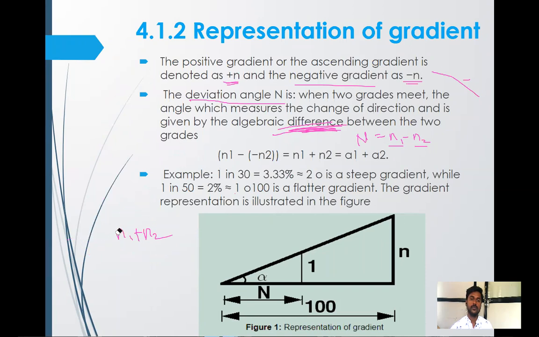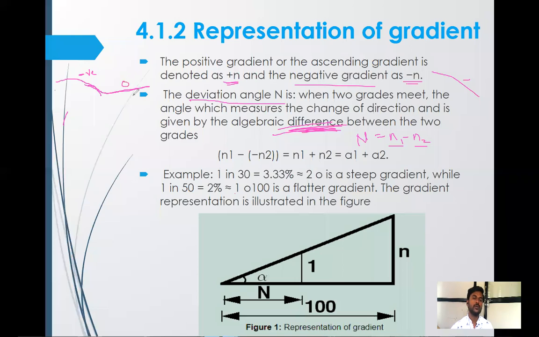For the deviation angle we have to go for the algebraic difference. I will give a second example. Suppose this is a falling gradient and it meets with a straight line. So the first gradient is negative.